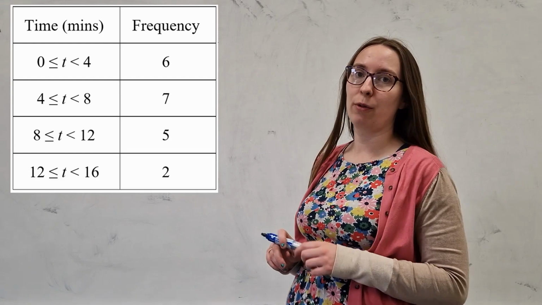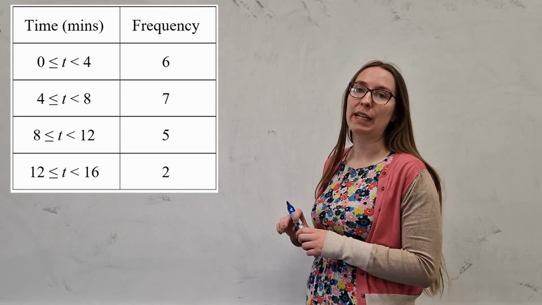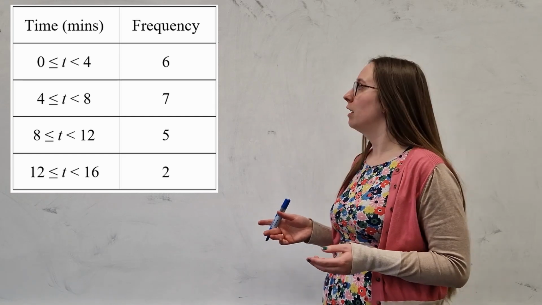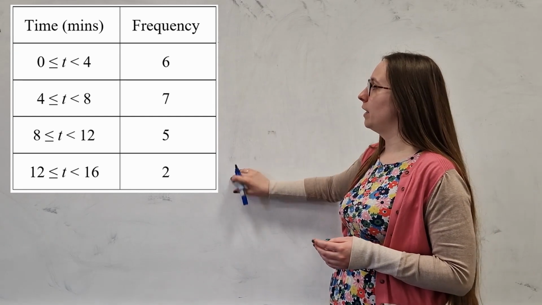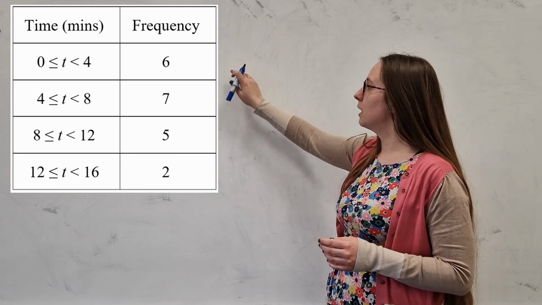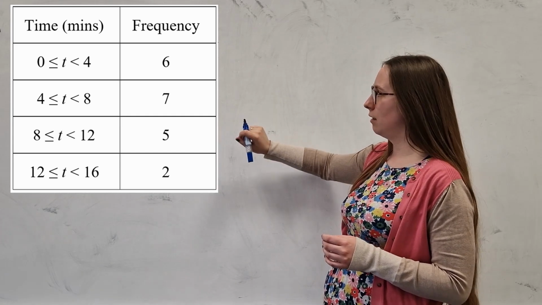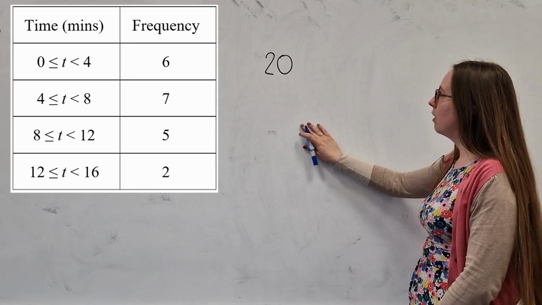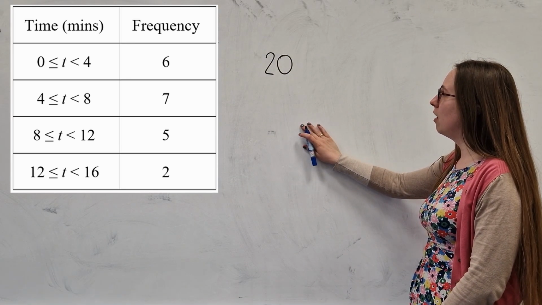Okay, so in the second part of the question, we're asked to find which interval the median lies in. To find the median, it's the halfway point, right? So what we're going to do is add up all these frequencies. So 6 plus 7 plus 5 plus 2 is 20. So we then know that it's going to be halfway.